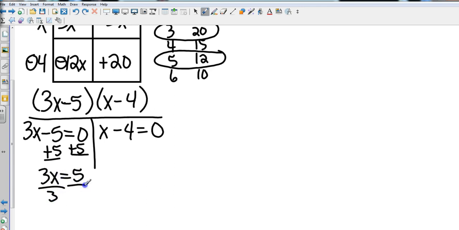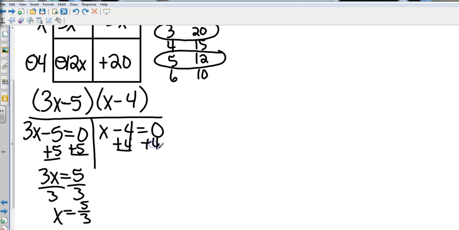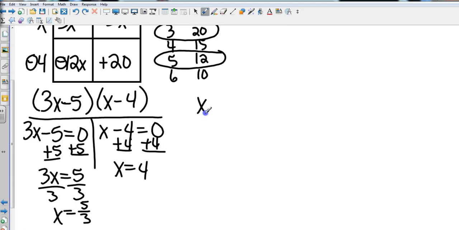Divide by 3, and so your first solution is 5/3. Second one, just add 4 to the other side, and we get x equals 4. So my solutions are x equals 5/3 and x equals 4.